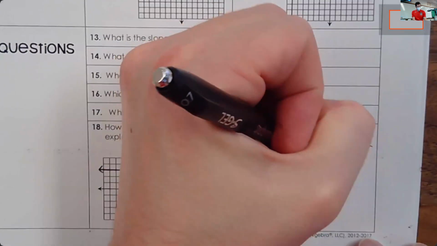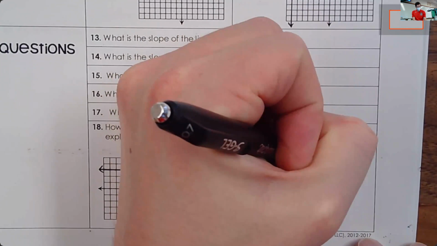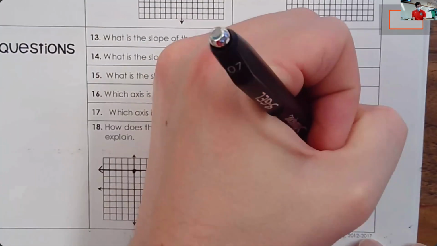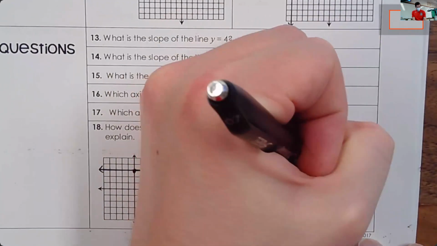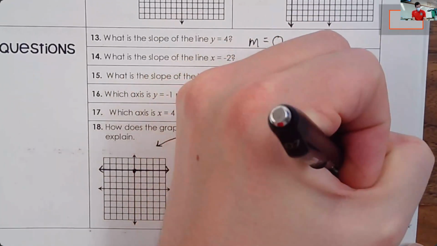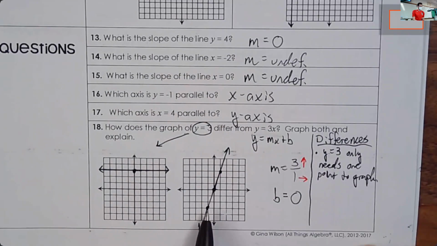So y equals 3 only needs 1 point to graph. And this one over here we use 3 points to graph.